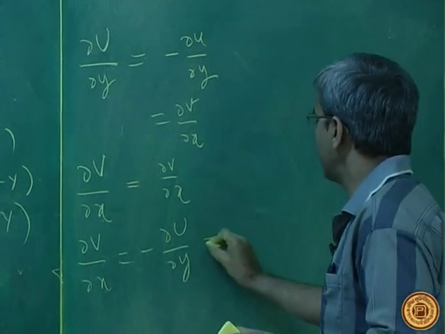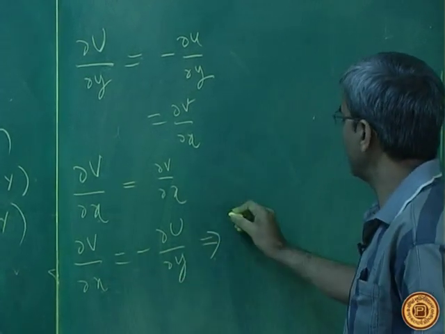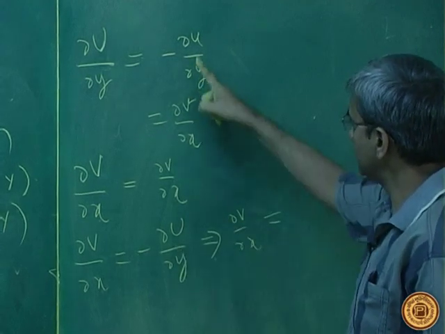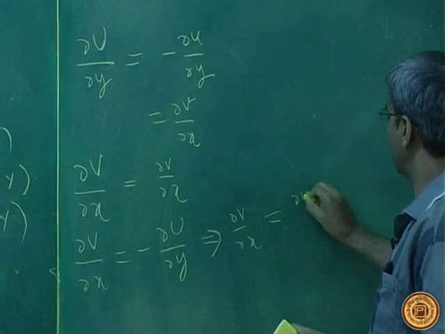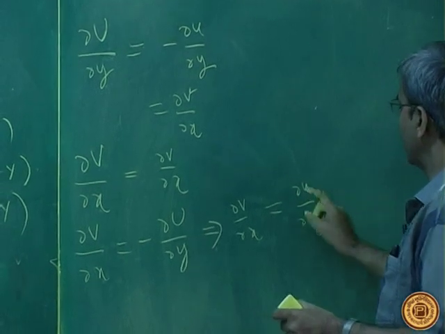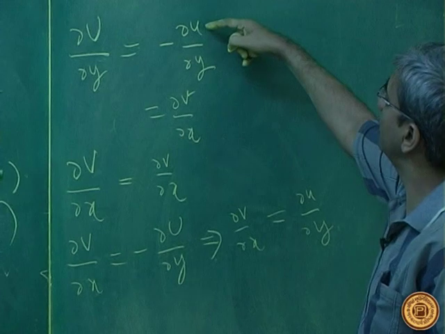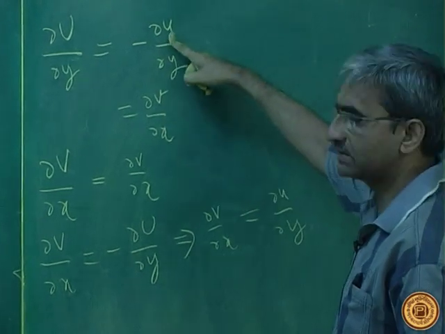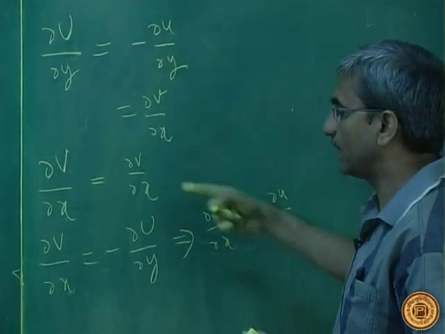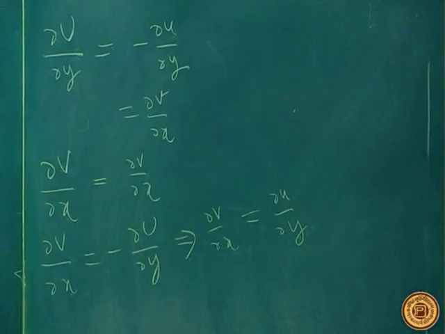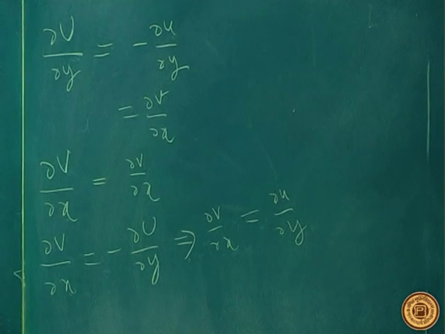So on one hand you get ∂u/∂y equal to ∂v/∂x, and on the other hand you get ∂v/∂x is minus ∂u/∂y. So the other two partial derivatives are also 0, and in that case also, f is constant.